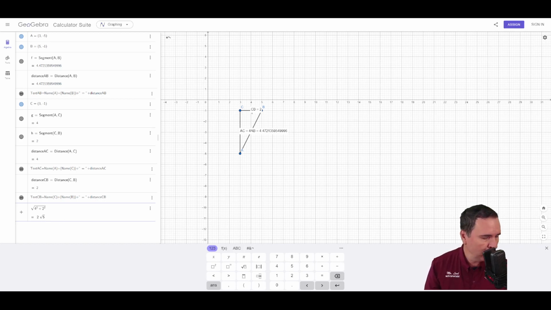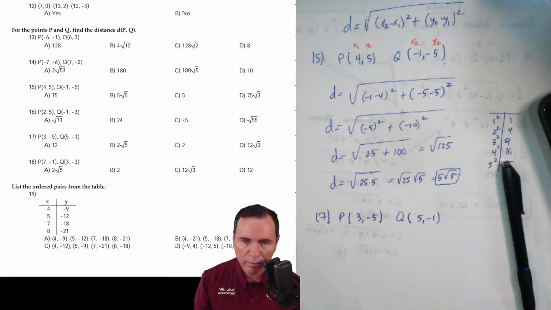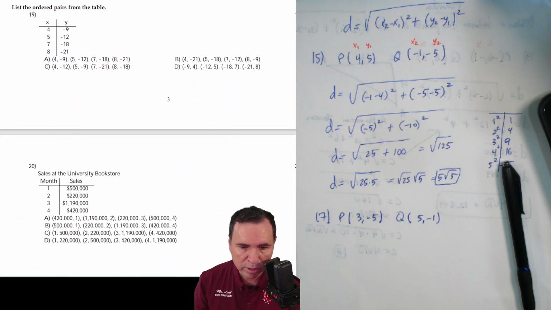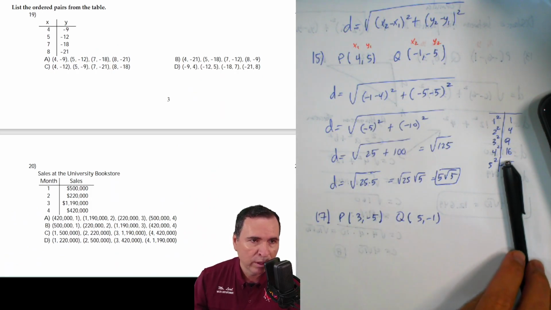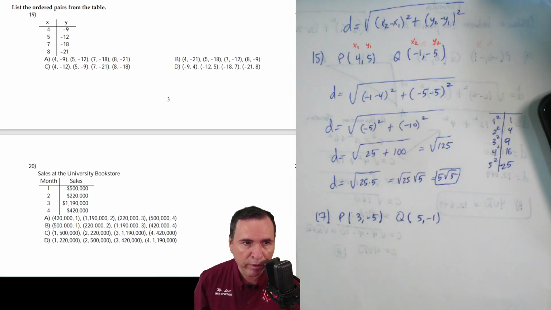Let's go back to our sheet. So you do 18, I'll do number 19. Let me move number 19 up a little bit. We're almost done, guys. Okay, so number 19 says list the ordered pairs. This is like the simplest question ever.